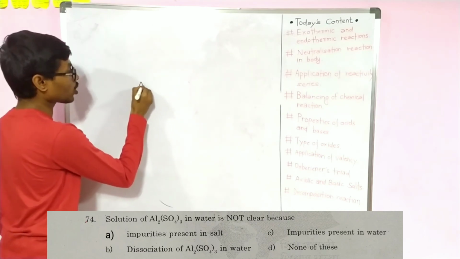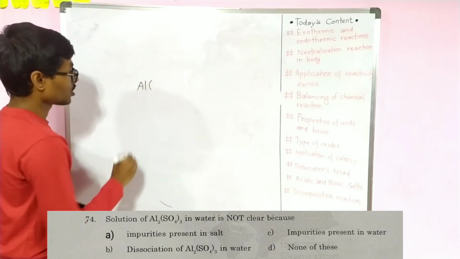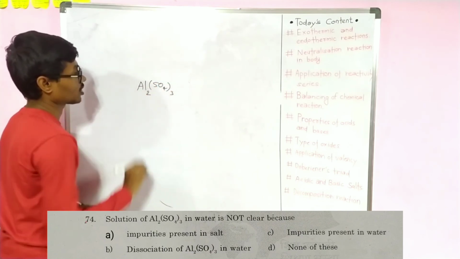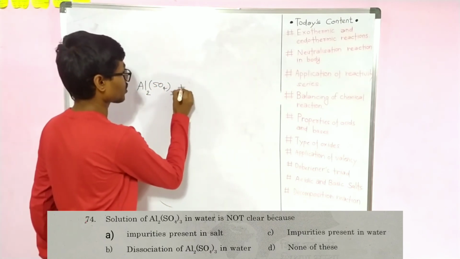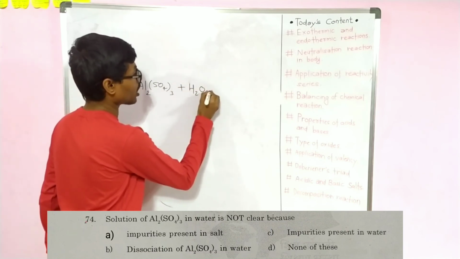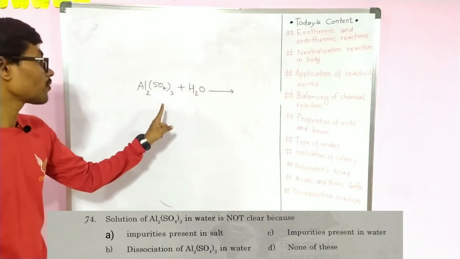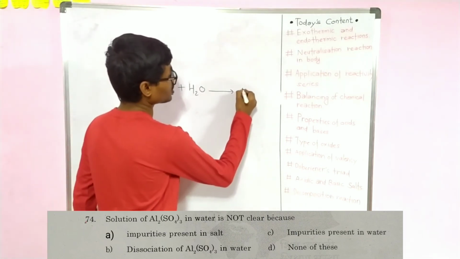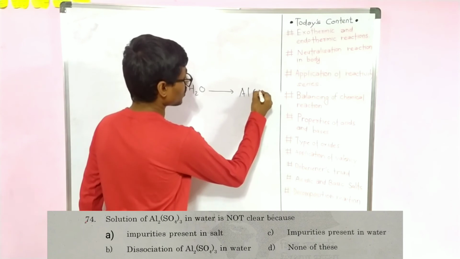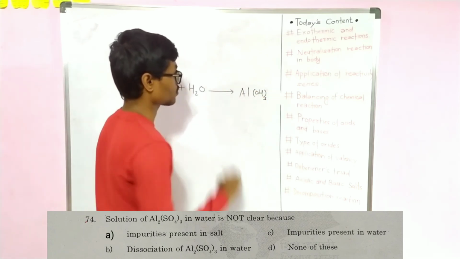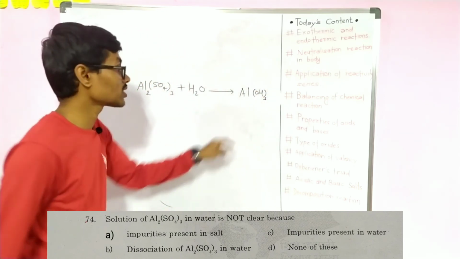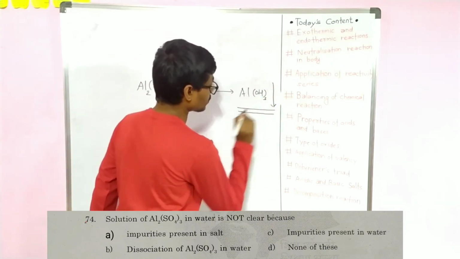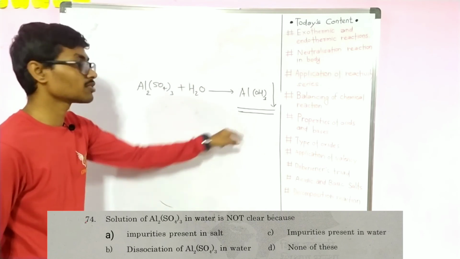They have given aluminium sulfate and they have added it to the water. Now in this case one beautiful reaction occurs where aluminium hydroxide forms, and this is a precipitate.